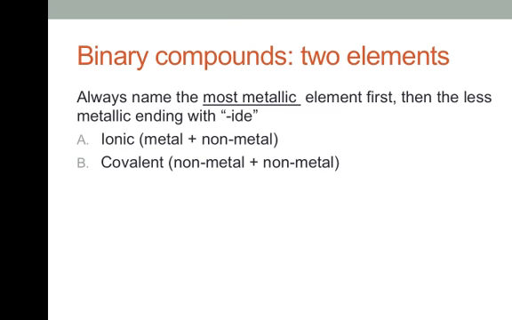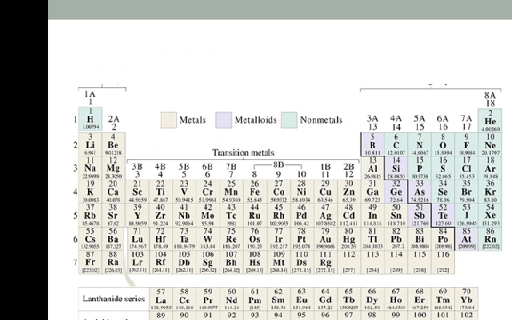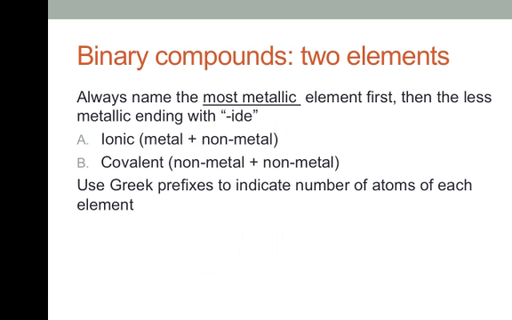Alright, after ionic, there's a completely different system of naming for covalent. That's when you have a nonmetal with a nonmetal. In this case, you're going to just have 2 elements from the right-hand side of the periodic table. And you need to use Greek prefixes to indicate the number of atoms of each element.